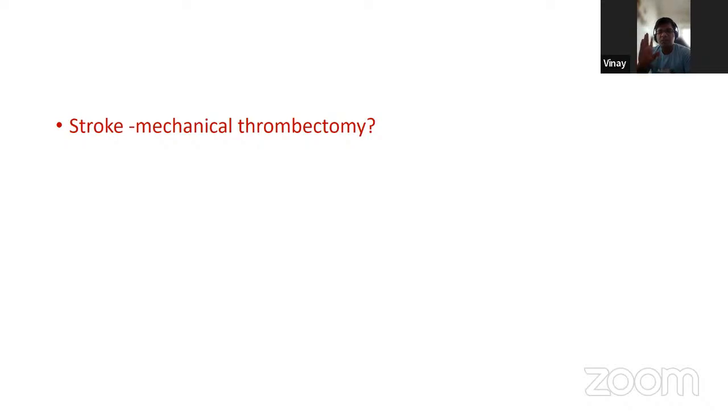The Society of Neuro-Anaesthesia Critical Care says maintain systolic blood pressure at least 140, or mean arterial pressure of at least 80 to 90. And once thrombectomy reperfusion happens, maintain the systolic blood pressure less than 180. That is also more important.